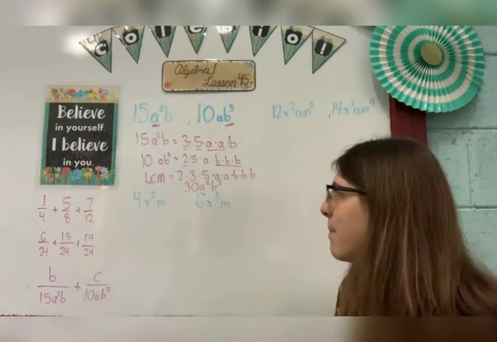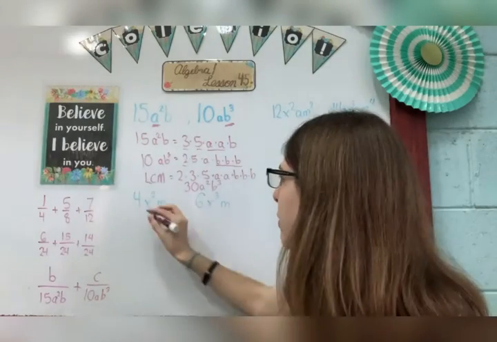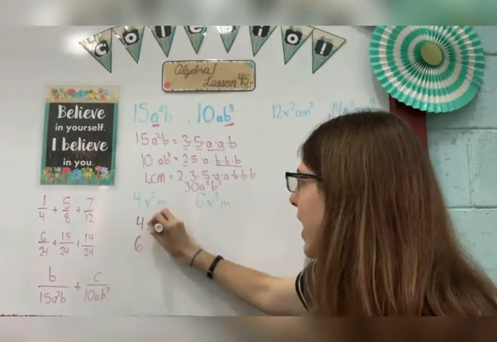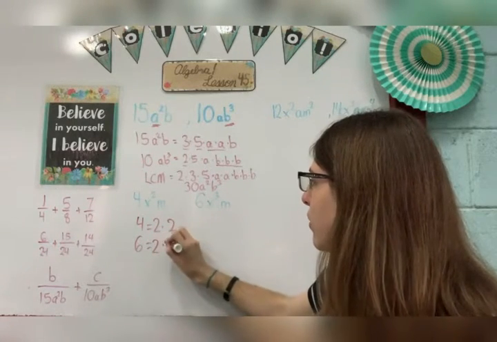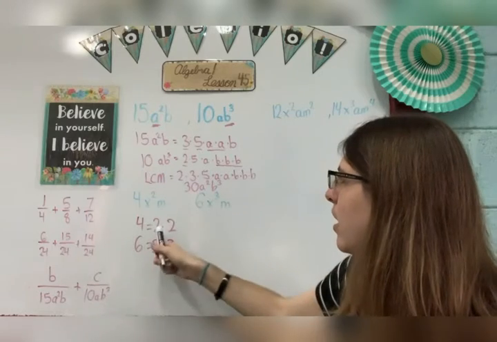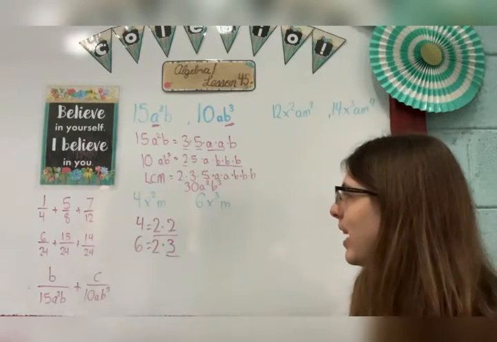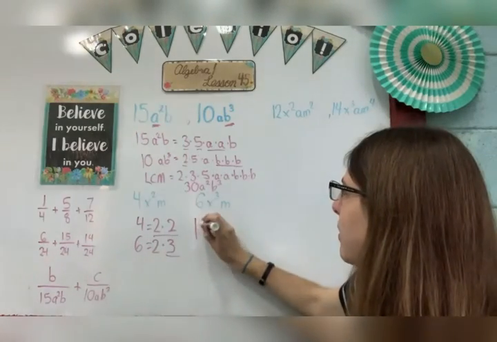4x squared m and 6x cubed m. So I'm going to find first the least common multiple for 4 and 6. The factors of 4 are 2 and 2, factors of 6 are 2 and 3. So 2 and 2 are the greatest for 2, and 3 is the greatest for 3. So the LCM would be 2 times 2, which is 4, times 3, which is 12.